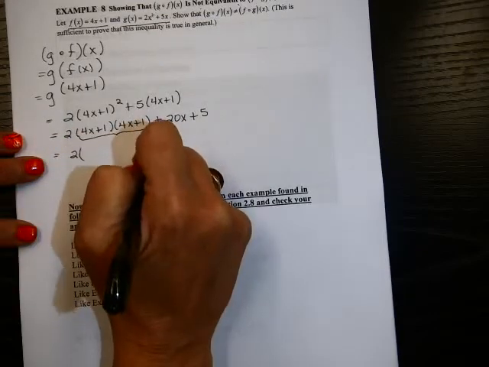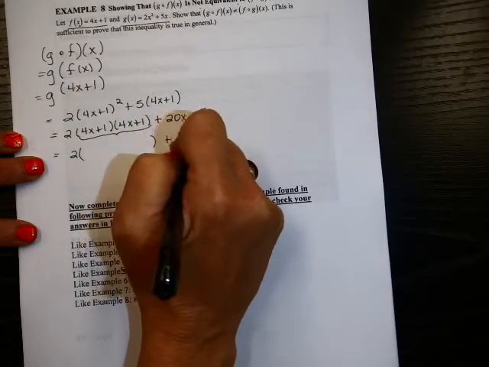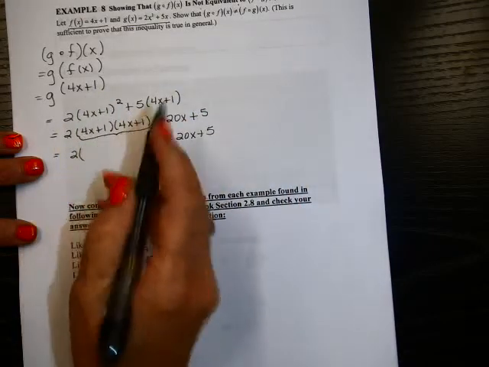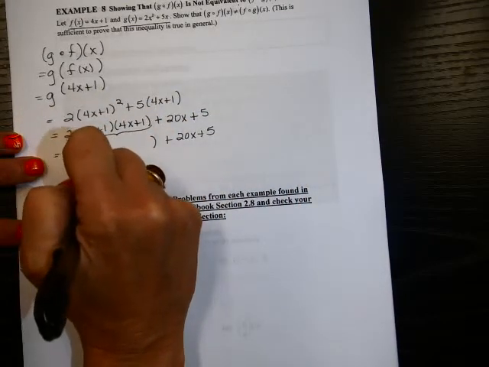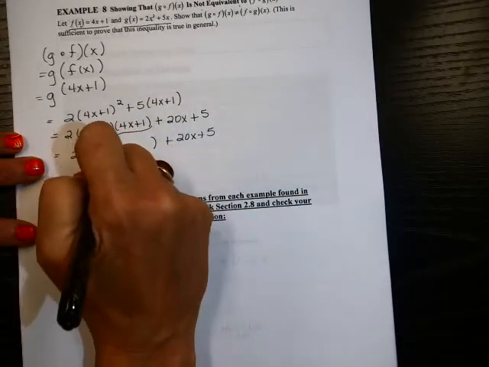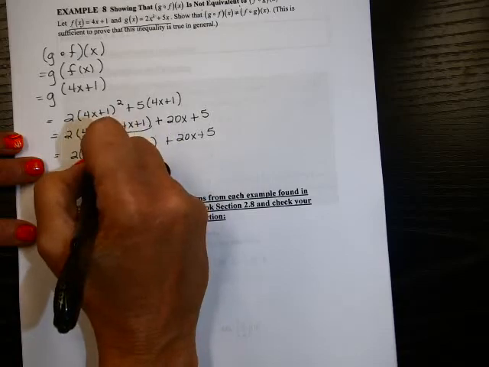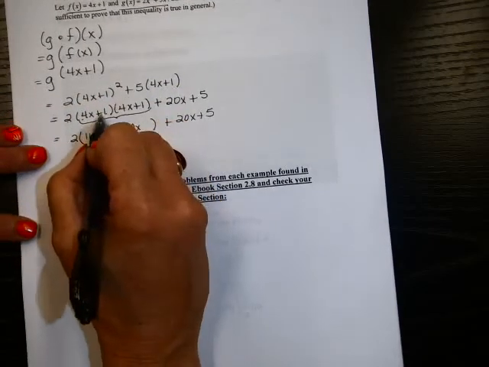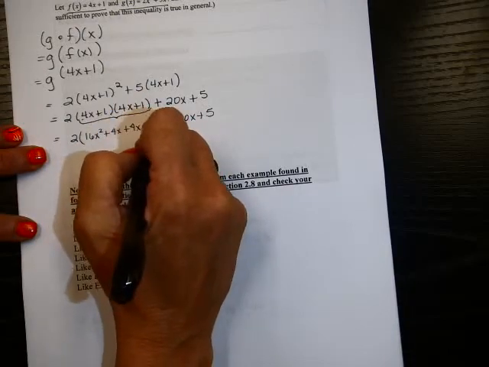So I'm going to FOIL that. First, 4x times 4x is 16x squared. 4x times 1 is your outer, that would be 4x. Your inner, 1 times 4x is 4x, and your last 1 times 1 is 1.